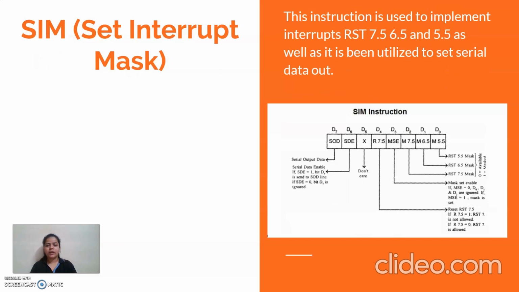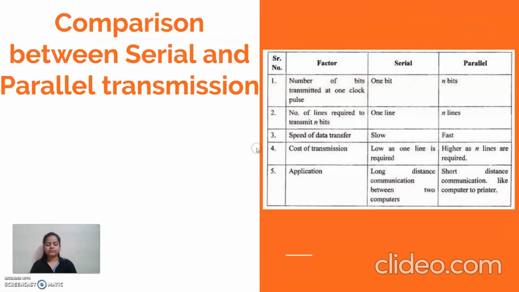SIM, set interrupt mask. This instruction is used to implement interrupts RST 7.5, 6.5 and 5.5, as well as to set the serial data out. This instruction interprets the data of the accumulator as shown in the figure.